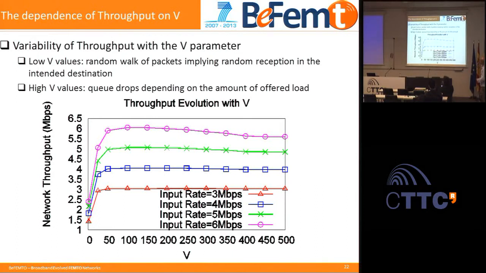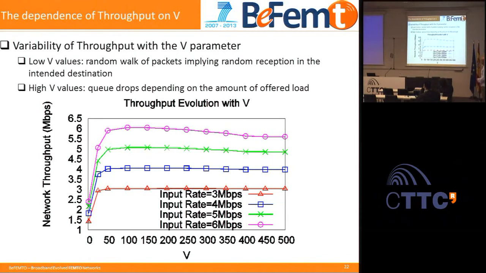Then, as you increase the V parameter, you see how you achieve the offered load injected to the network of femtocells. Within this region, we attain a good trade-off for these offered loads between the penalty function and the minimization of the queue backlogs.